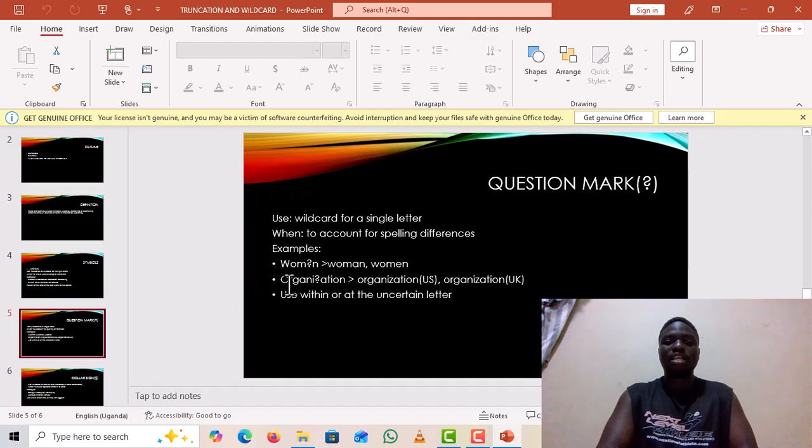Then organi?ation, so this is organization or organisation. So this one is used within a word, at the uncertain letter. So that's when we use the question mark symbol.